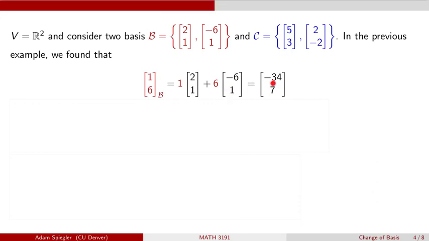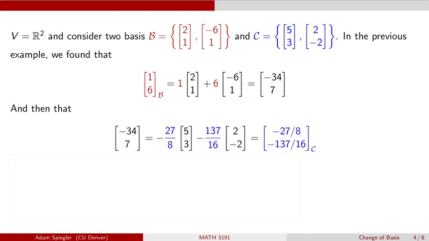And that put us at the vector minus 34, 7, which is with respect to the standard basis. And then we found C coordinates of this vector by applying the inverse change of coordinate matrix P of C. So we found the matrix P sub C, and then we inverted it. And that gave us C coordinates of minus 27/8, minus 137/16.